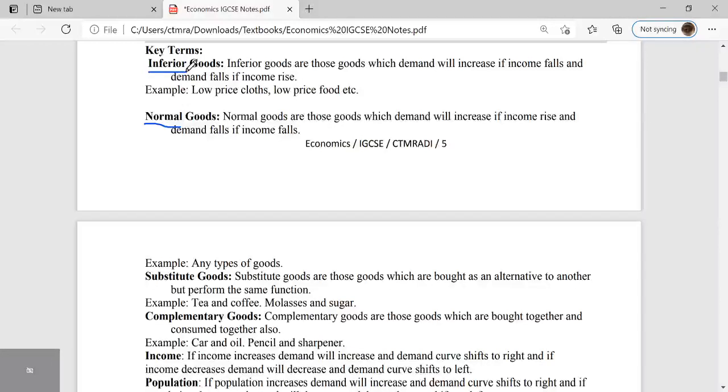Usually these are low quality goods, like low price clothing or foods. When income rises, we switch to better quality goods. That's why demand for these low quality items falls when income rises.